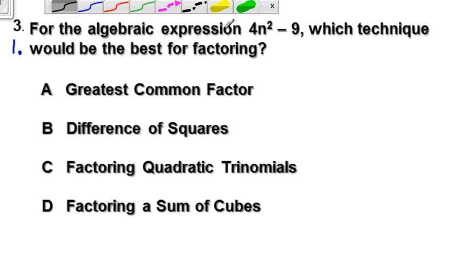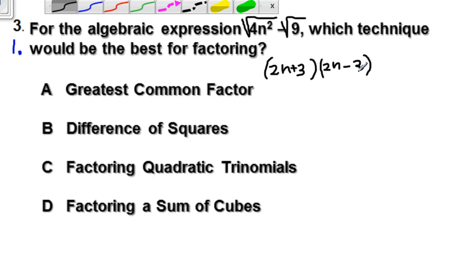difference of squares, it so happens that we can take the square root of both of these, and we can factor it using a difference of squares, and that would be quantity 2n, which is the square root of 4n squared, plus 3, which is the square root of 9, times quantity 2n, minus 3, which is the square root of 9.